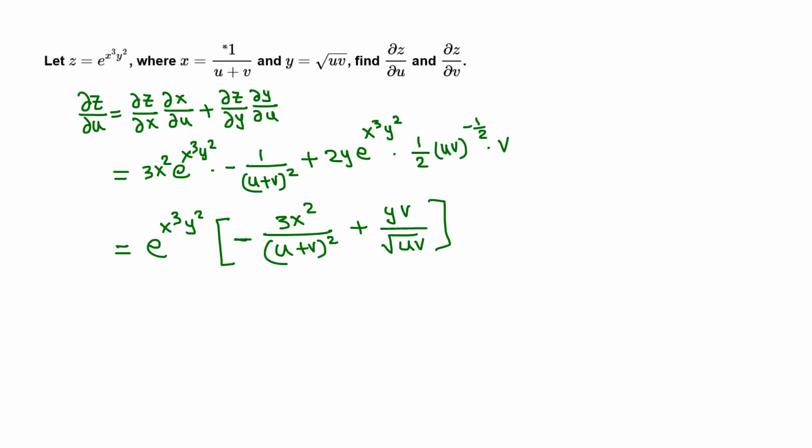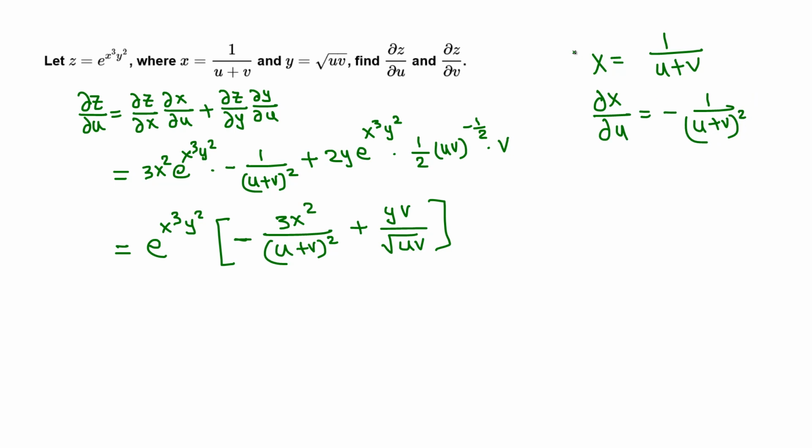Especially for this, when we have x equals 1 over u plus v. If I find the partial of x with respect to u, it's like 1 over u, and the derivative is negative 1 over u squared. So negative 1 over u plus v quantity squared times the derivative of the inside with respect to u, which is 1 plus 0, 1.